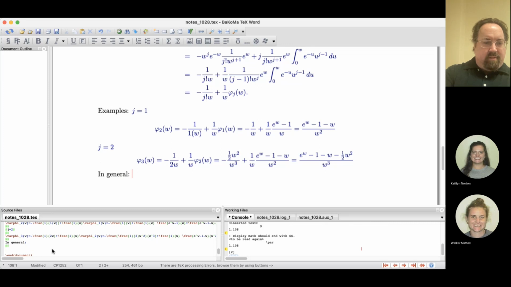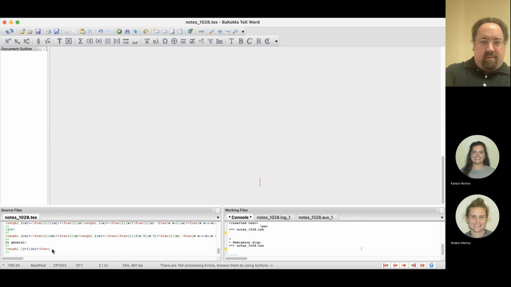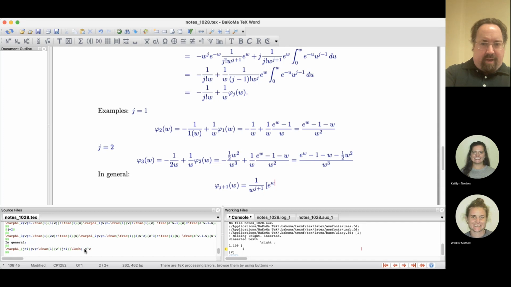So in general, phi j plus 1 is equal to 1 over, okay, so j plus 1. All right, so I have that for the denominator, and then I have e to the w minus the sum.